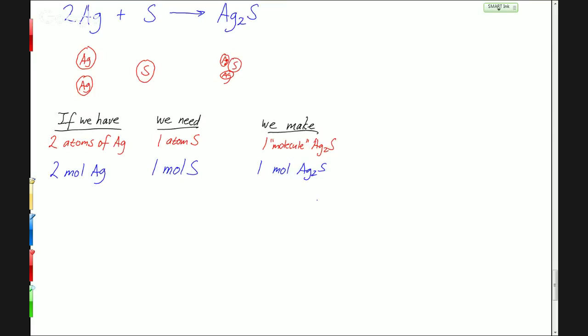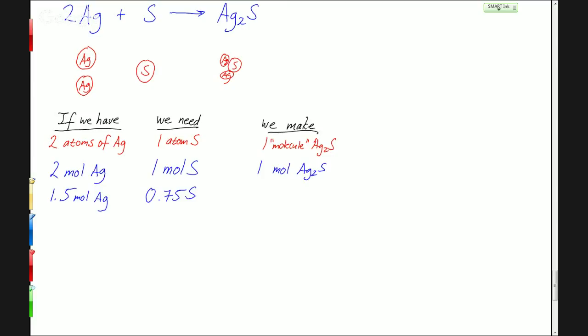But what if we don't have such nice numbers here? What if we have 1.5 moles of silver? How much sulfur would we need? Right, half of that, because they're always going to be in this 2-to-1 ratio.